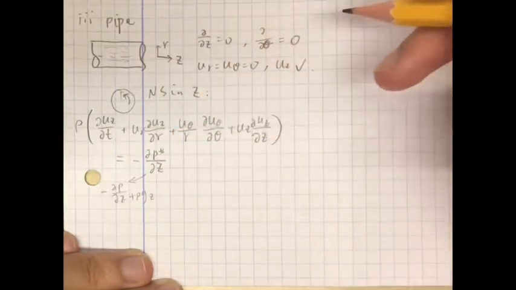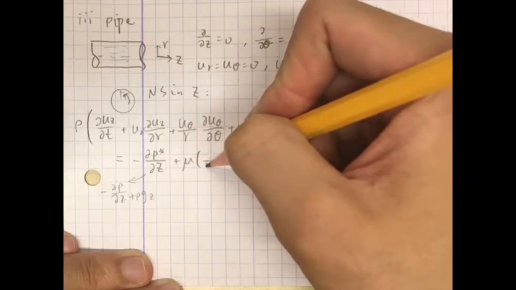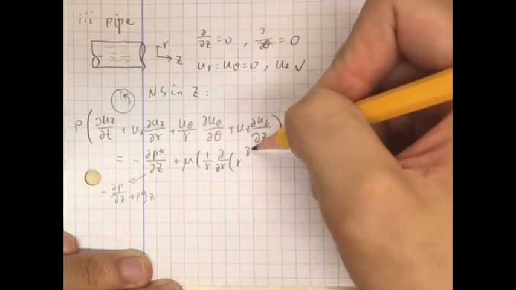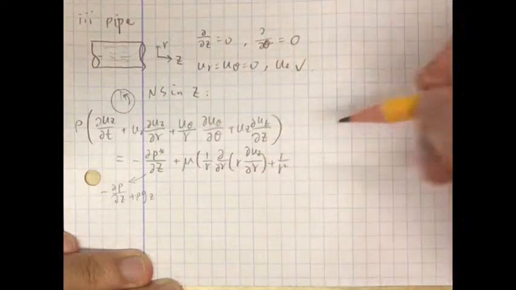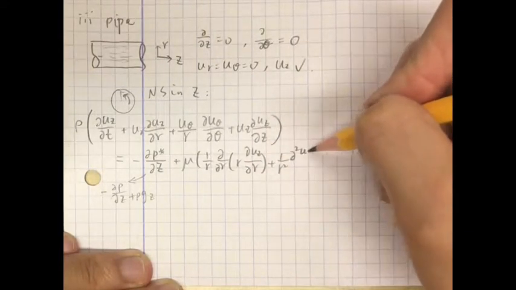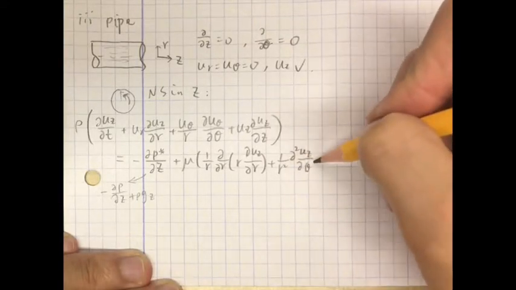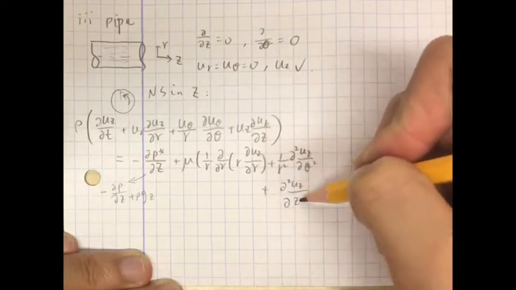This is not our emphasis here. Plus mu times 1 over r ∂/∂r of r ∂uz/∂r, plus 1 over r squared ∂²uz/∂theta², plus ∂²uz/∂z².